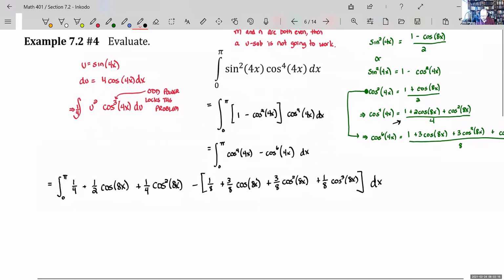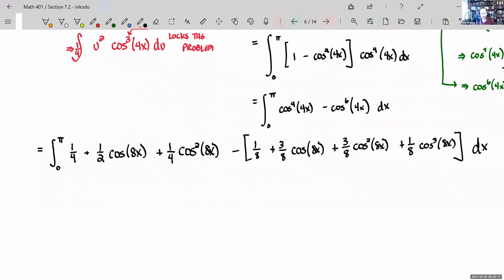Do not bother evaluating pieces yet. I highly recommend just keeping the integral the way it is and combining things with arithmetic first, like that 1/4 minus 1/8. Well, that's going to be an 1/8. So integral 0 to pi. 2/8 minus 1/8, which is 1/8. Let's see, we have a 1/2 cosine of 8x, and we're going to lose 3/8. 1/2 is 4/8 minus 3/8. That's 1/8 cosine of 8x.